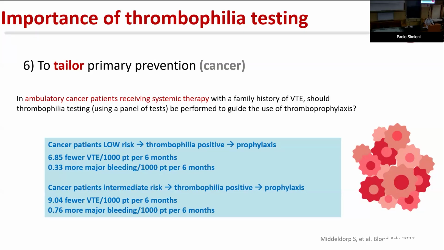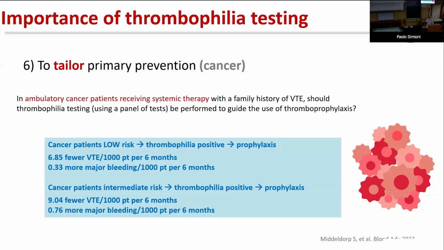However, the data that we have is dramatically interesting, because if you have thrombophilia in patients with low risk cancer or intermediate risk cancer for thrombosis, you can increase the level of risk of this patient, even though the cancer has a lower probability to develop thrombosis.